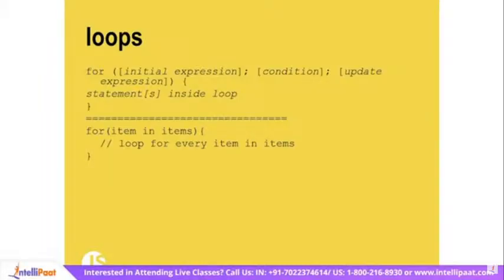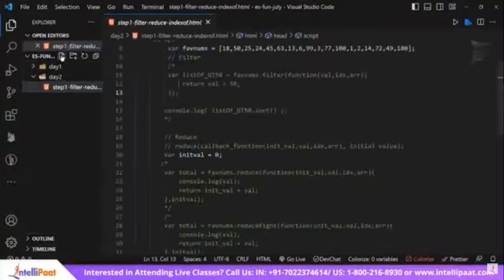But what if there is an object and you would want to loop through the values in the object? That is where you use something called a for in loop. So you have a for loop and a for in loop. Actually, you also have a for of loop, but let's just get these two examples out of the way.